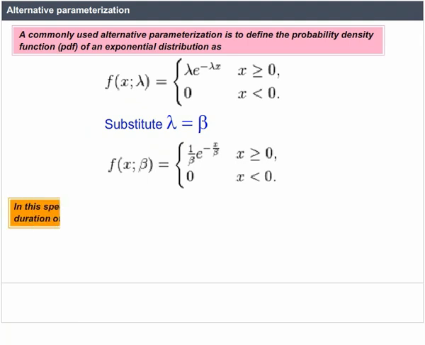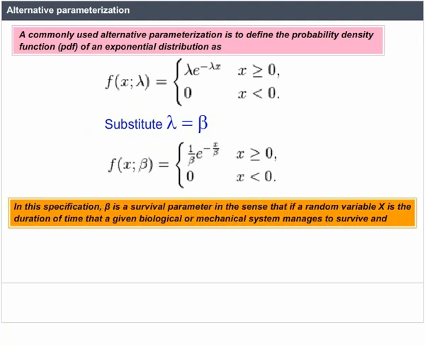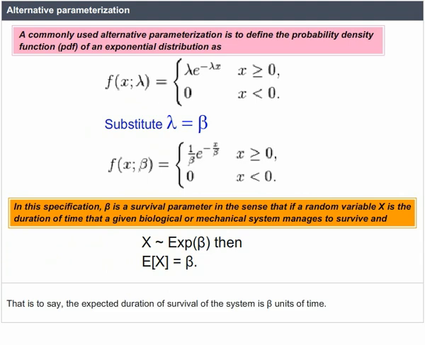In this specification, beta is a survival parameter in the sense that if a random variable x is the duration of time that a given biological or mechanical system manages to survive, and x follows exponential of beta, then E of x equals beta. That is to say, the expected duration of survival of the system is beta units of time.